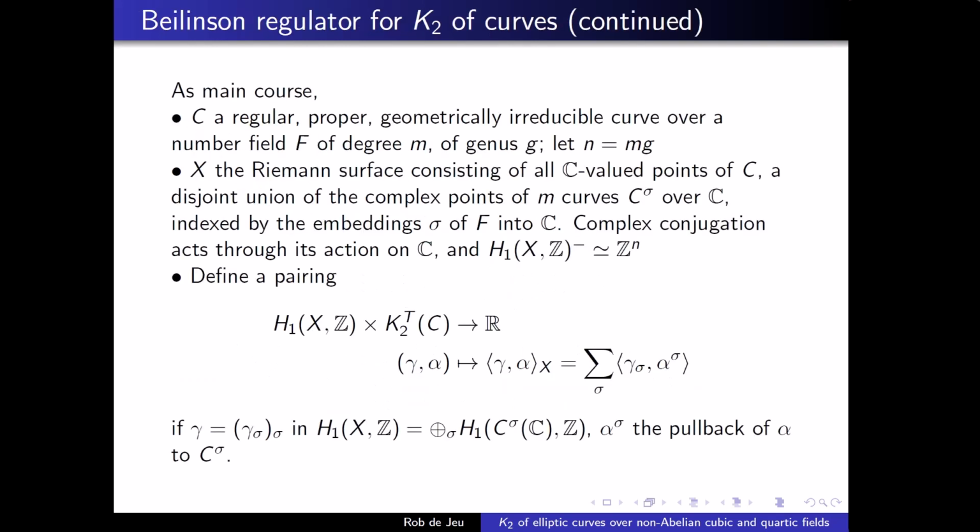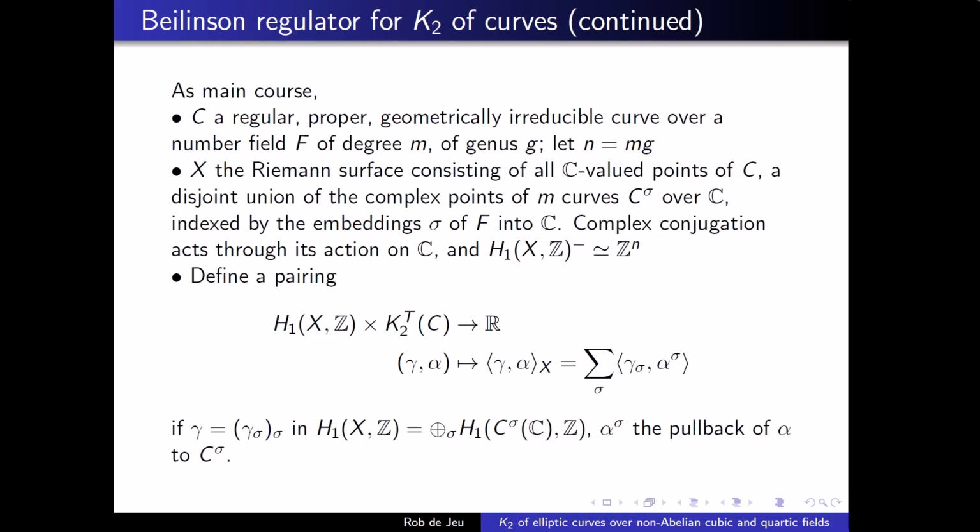So how are you going to put this together if you work over a number field? Again, you take a nice curve, but now over a number field. Let's just say that the number field F consists of the constant functions, so you know what is going on if you go through the complex numbers. If this degree is m, you then extend to the complex numbers, and you get m Riemann surfaces, all of the same genus g as the original curve.